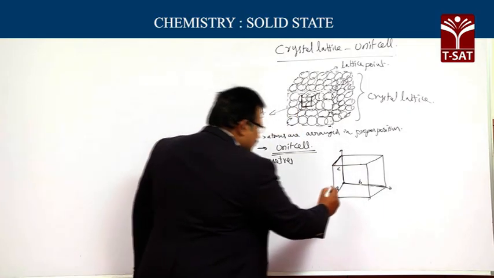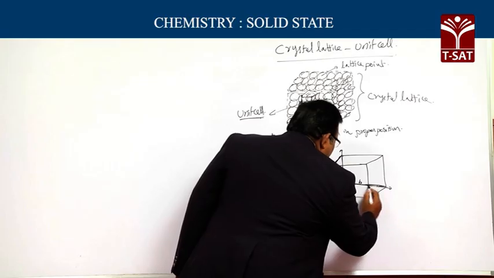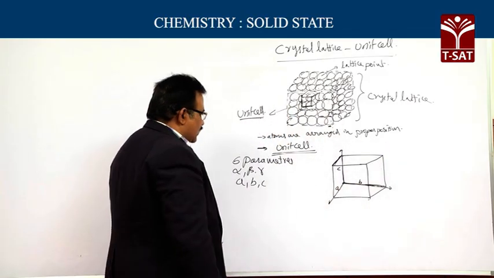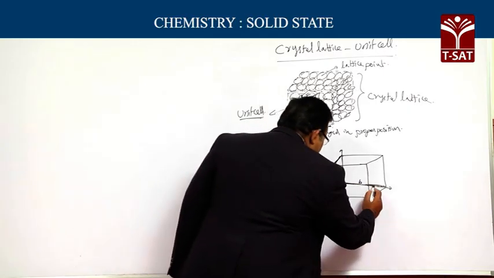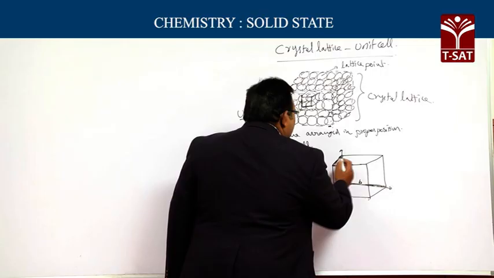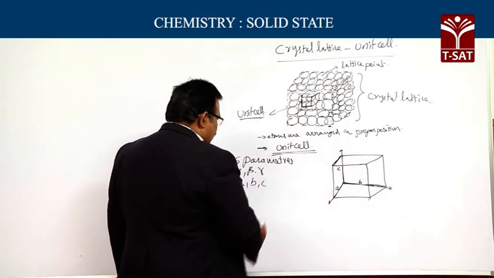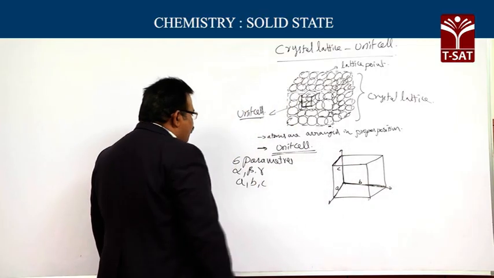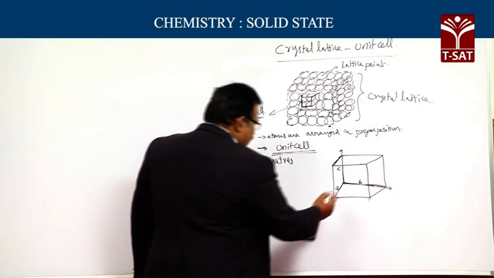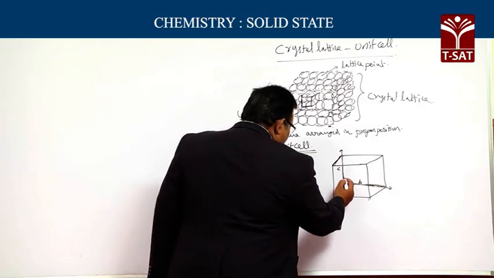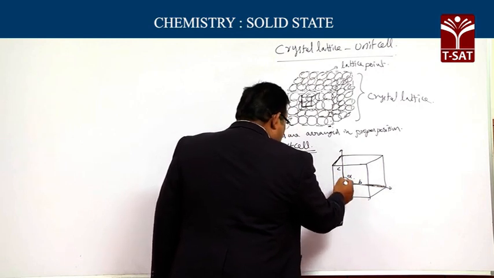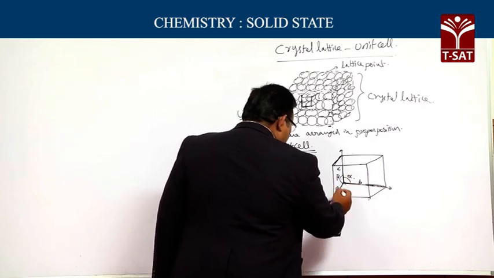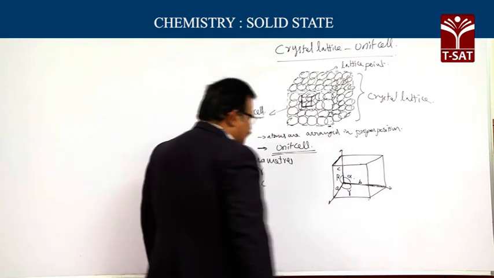They are the crystal edge lengths. This is edge length, edge length, edge length. And alpha, beta, gamma: the angle between b and c is alpha, a and c is beta, angle between a and b is gamma.